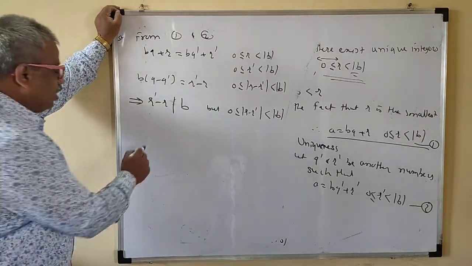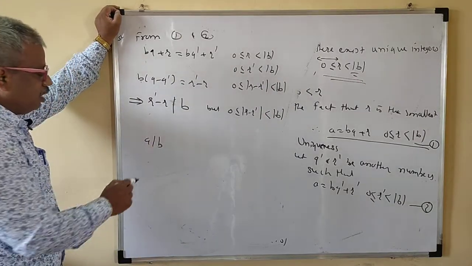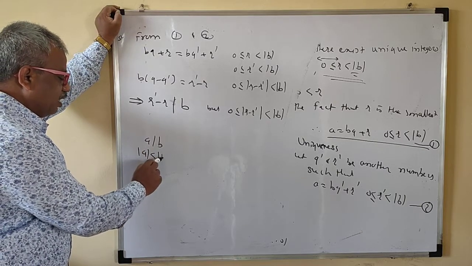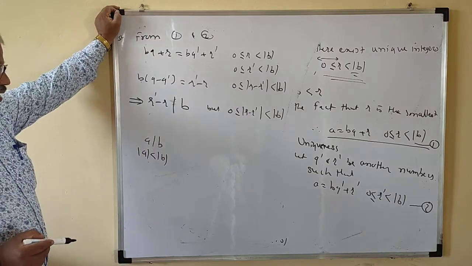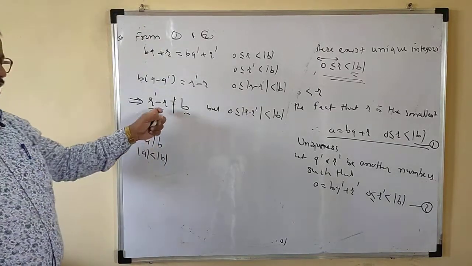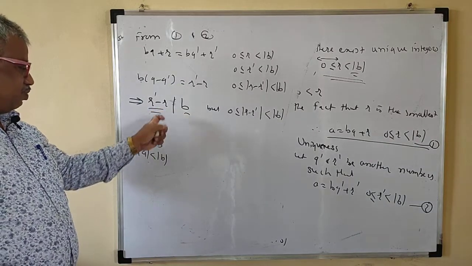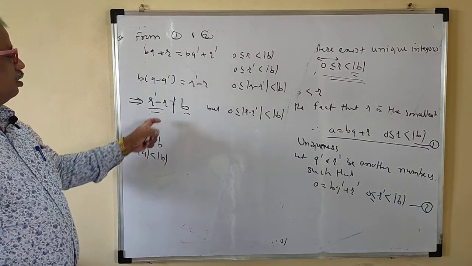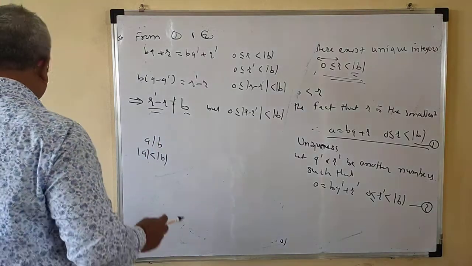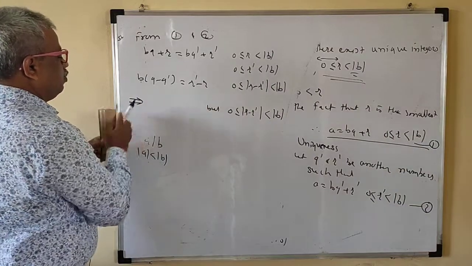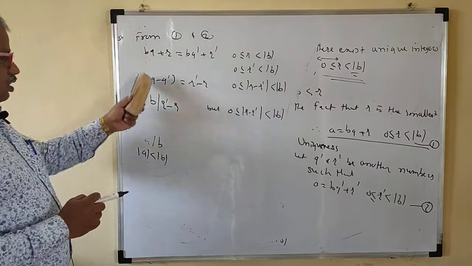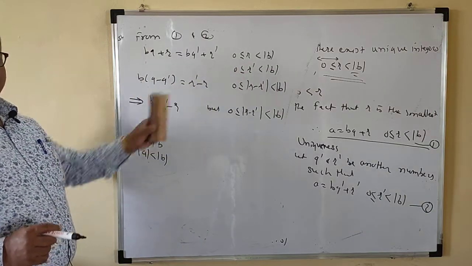When you are dividing by B, the smaller number, mod A less than mod B. Just yesterday we have seen this one. Oh, we have taken this wrongly. B divides R dash minus R. Okay, so R minus R dash is B times some integer, right?